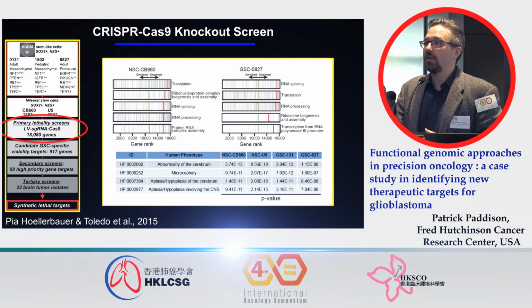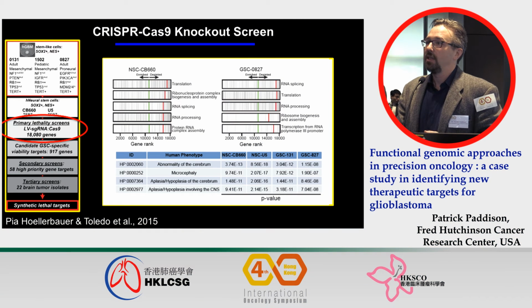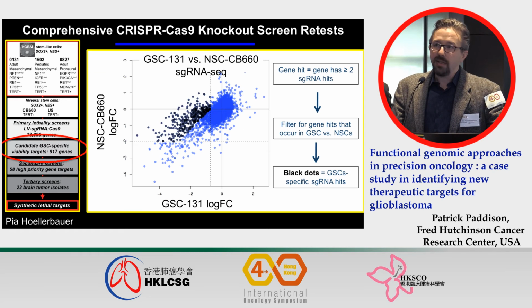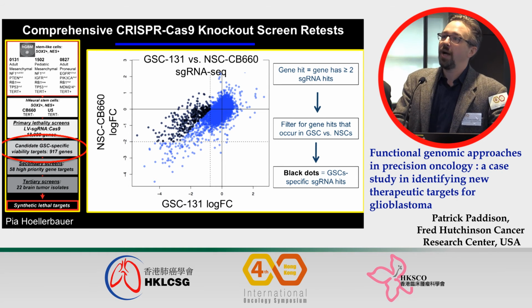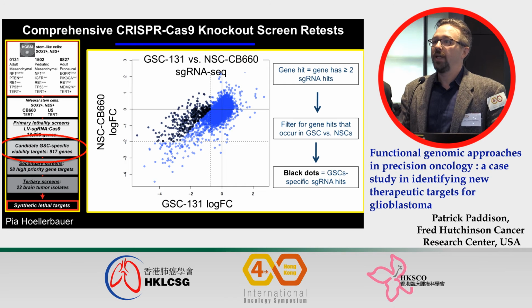We also see things in our case that are relevant to neurodevelopment that might be tissue specific, which is nice. A new grad student in lab has just picked up this project, and what we've now done that we hadn't done before is comprehensively retested all possible GBM lethal genes, even the ones that scored weakly.